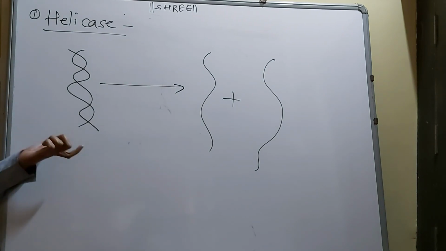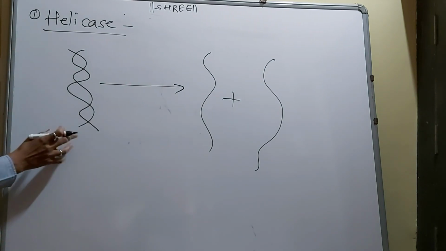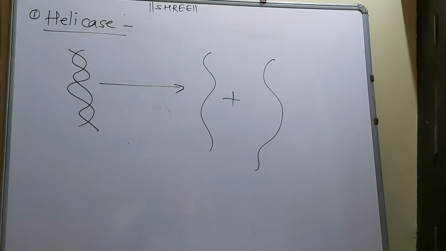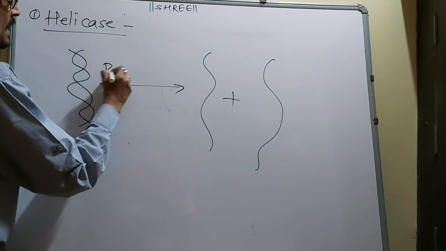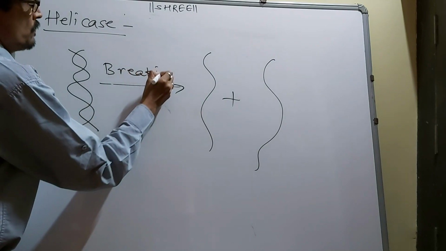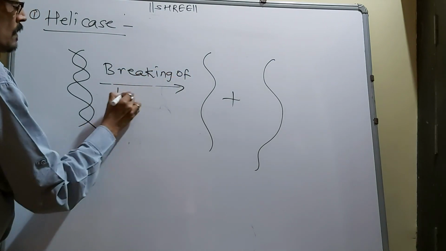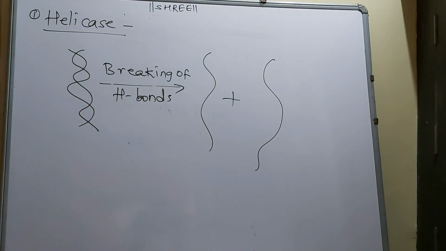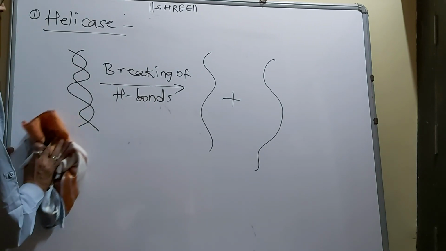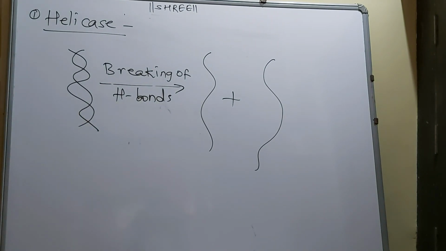In brief, helicase opens up the two strands of DNA. Here, breaking of hydrogen bonds takes place, and helicase is responsible for breaking of hydrogen bonds. So this is the role of helicase. Helicase converts the coiled form of DNA to the uncoiled form.